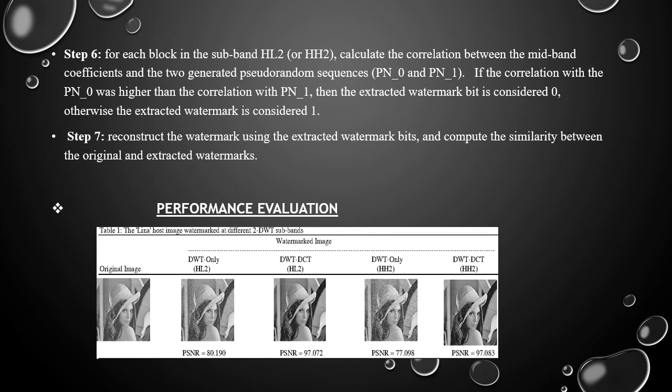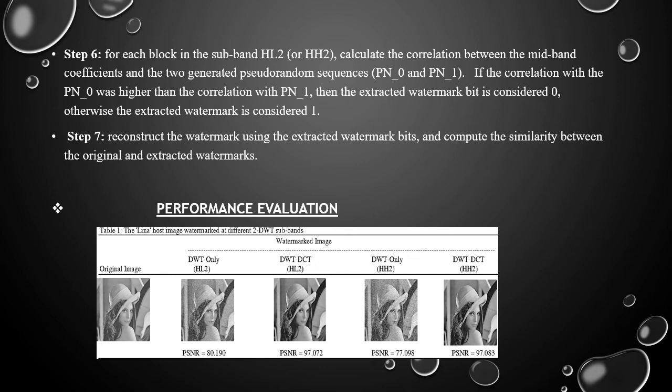Only DWT is applied to the HL2 subband. This is the combined DWT DCT application to the HL2 image subband. When DWT is only applied to the HH2 and the combined application of DWT DCT to HH2.